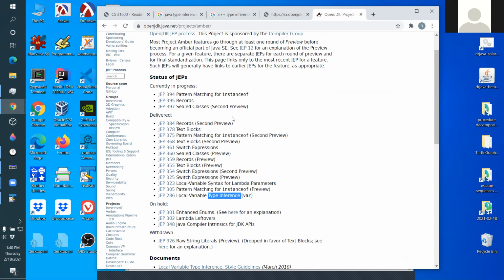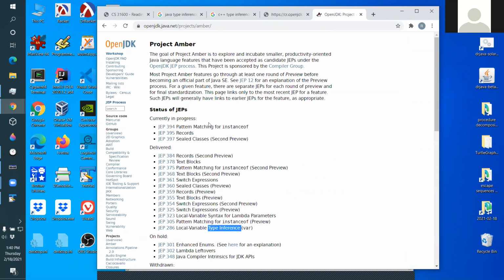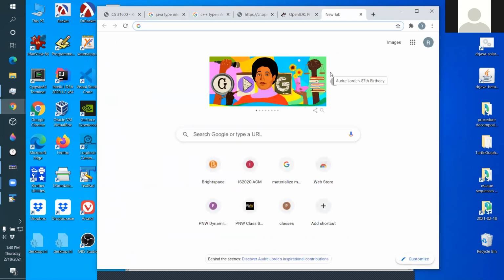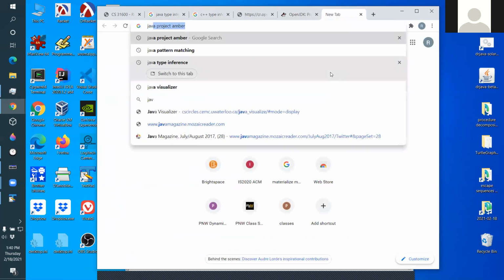So these are moving from the world of ML to the world of Java and C++. Similarly, C++ is in the process of adding these things. Okay. Now, JavaScript does not have type inference because it doesn't have types. But JavaScript has pattern matching, but they don't call it pattern matching. In JavaScript, it's called destructuring.